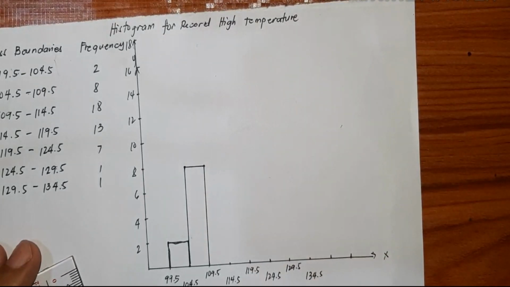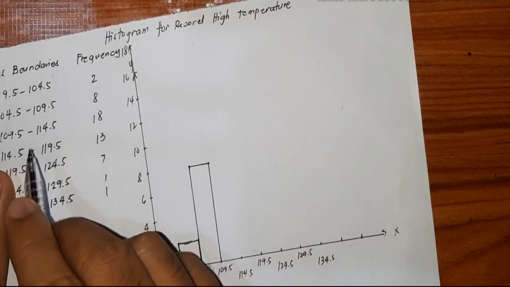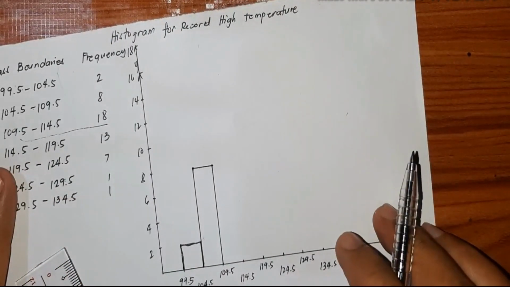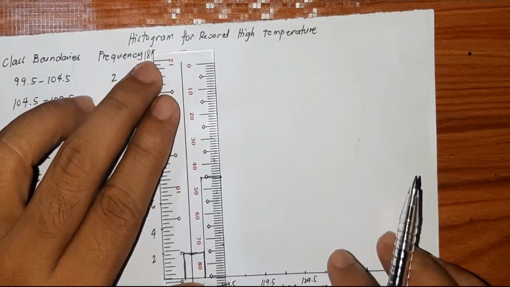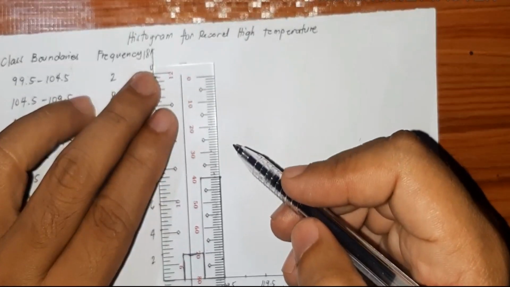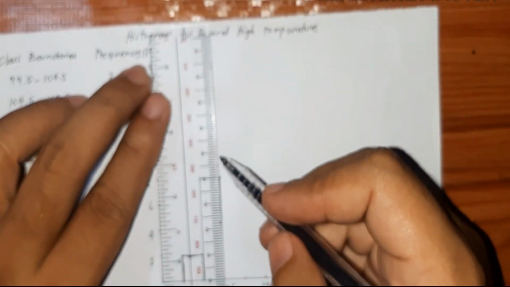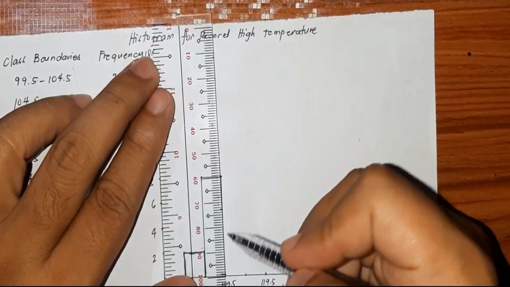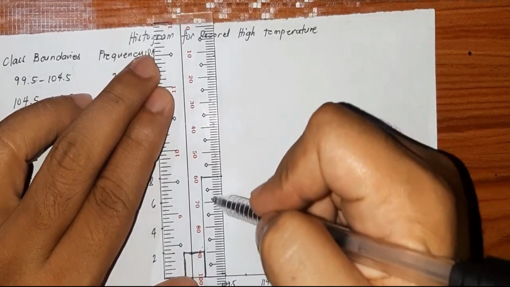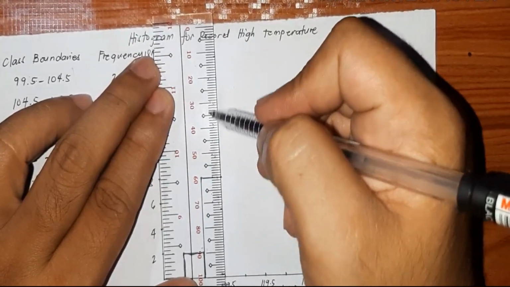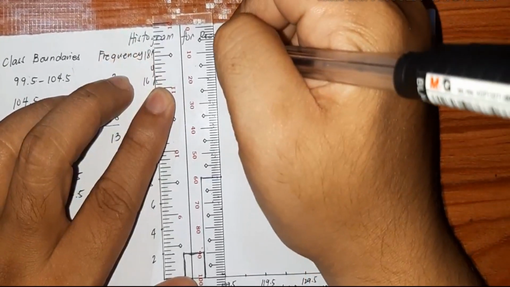Next is from 109.5 to 114. So, ito siya. So, may 18 ang frequency niya. So, we have here 2, 4, 6, 8, 10, 12, 14, 16, 18.